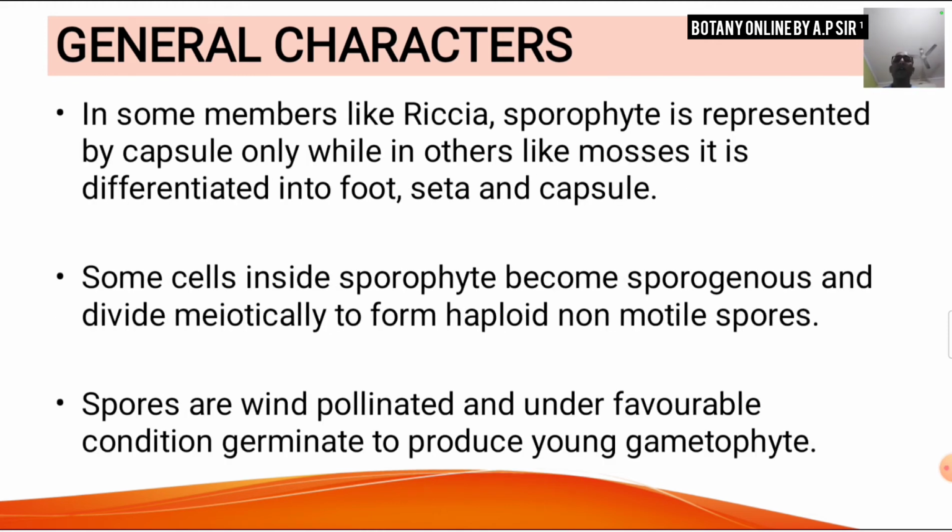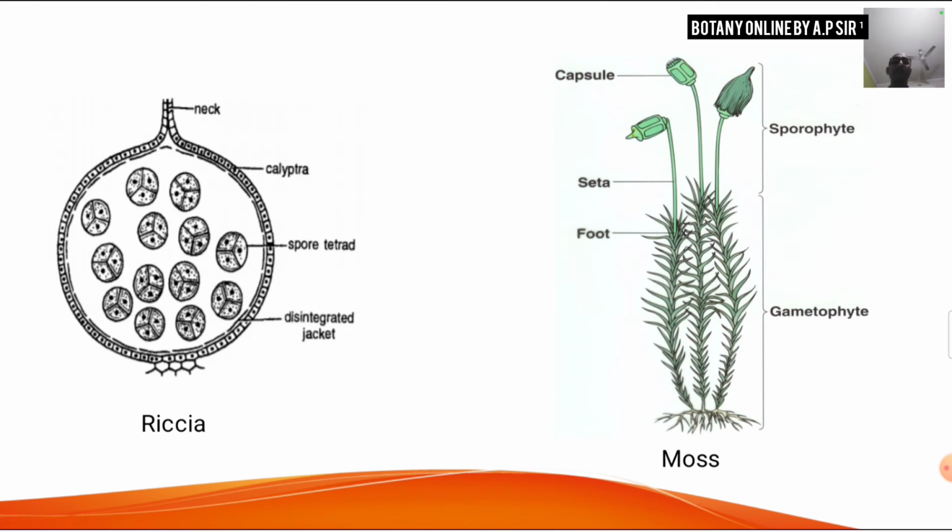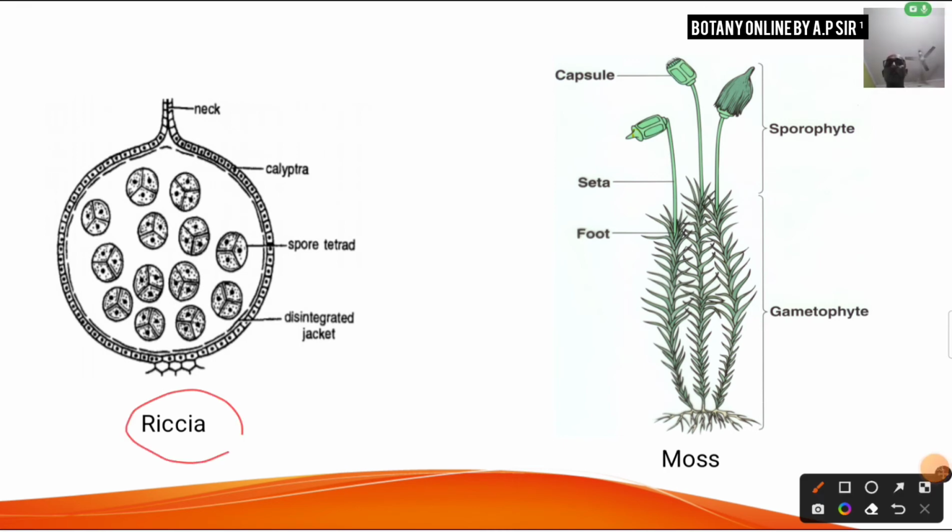Okay. Now in some members like Riccia, the sporophyte is represented by capsule only, whereas in others like mosses it is represented by foot, seta and capsule. Now you can see in this diagram, this one is your Riccia. Here sporophyte is represented by what?